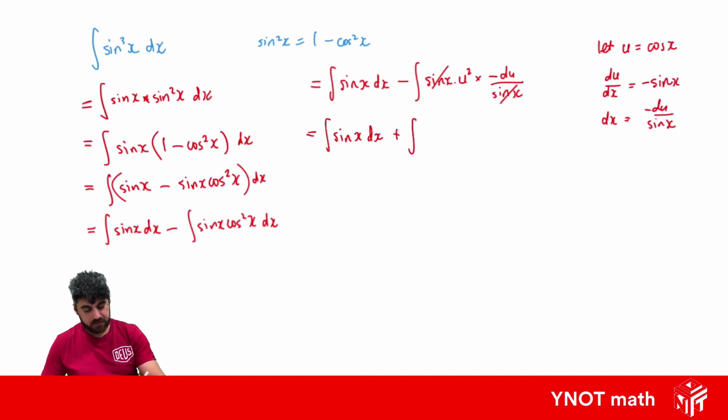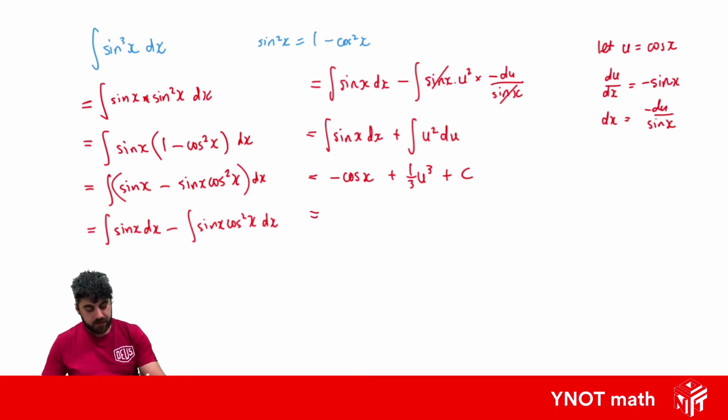So we get plus the integral of u squared du. And now we can go ahead and integrate this. So integral of sine x is minus cos x plus the integral of u squared is just going to be a third u cubed plus our overall constant. Technically we get a constant for this one, and adding those constants just gives an overall constant.